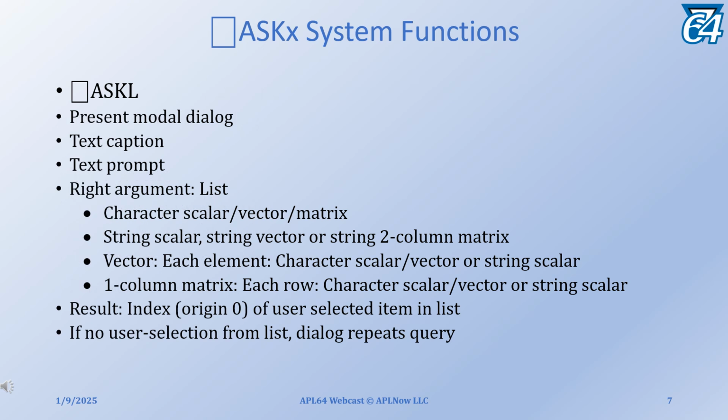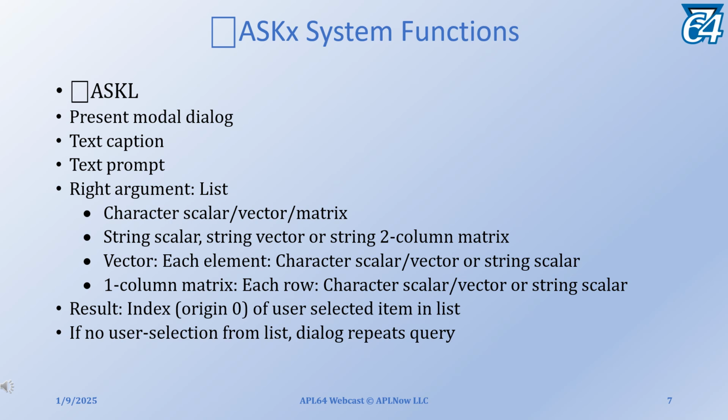The purpose of the QuadAskL system function is to obtain the index of the user-selected item in the list presented in the dialog. The QuadAskL system function will present a modal dialog. The QuadAskL right argument is the default value of the result in index origin 0.